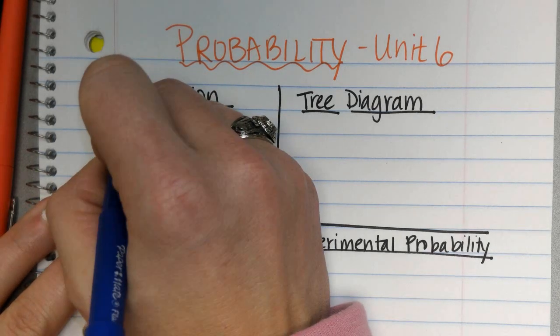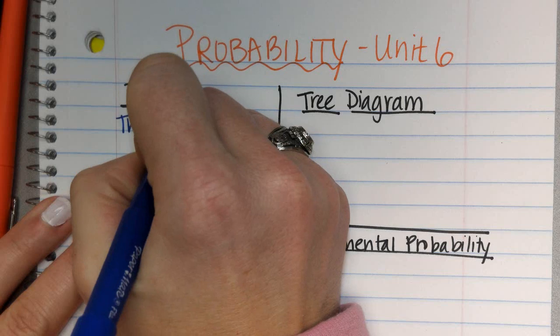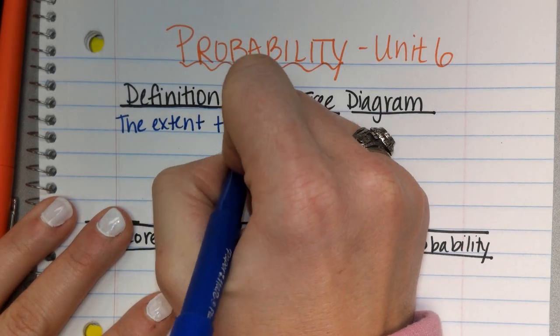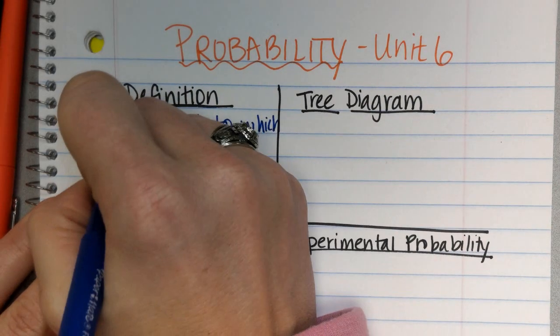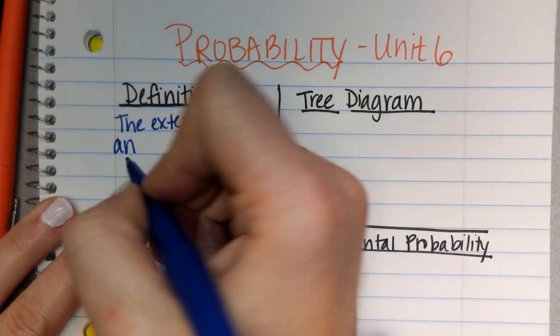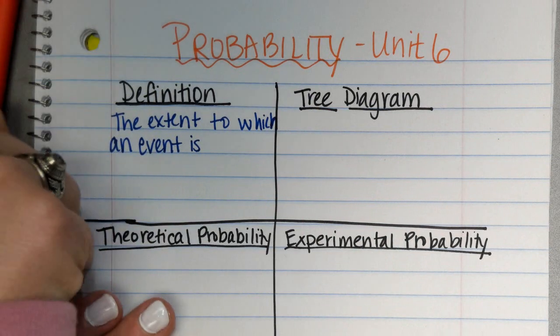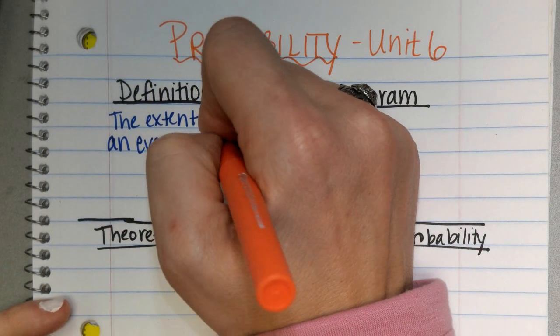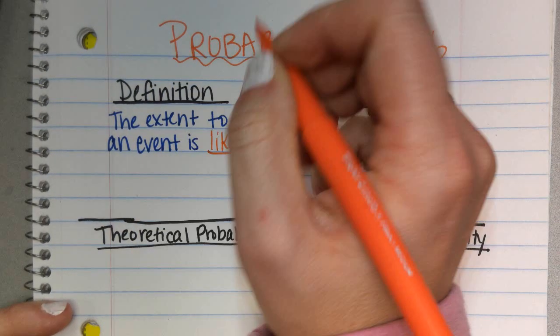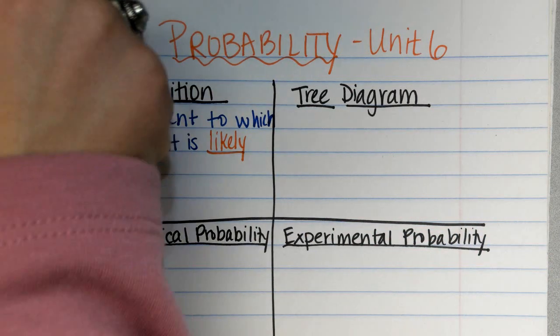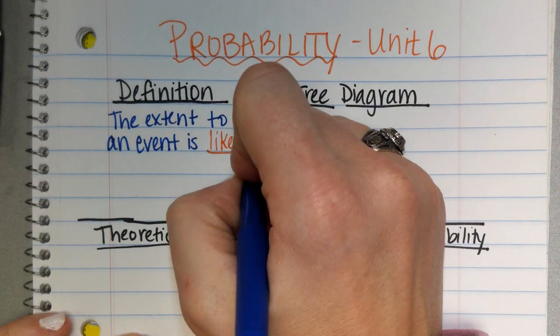Okay, so probability is the extent to which an event is, and I'm going to write this in a different color, it's kind of a keyword, is likely to occur.